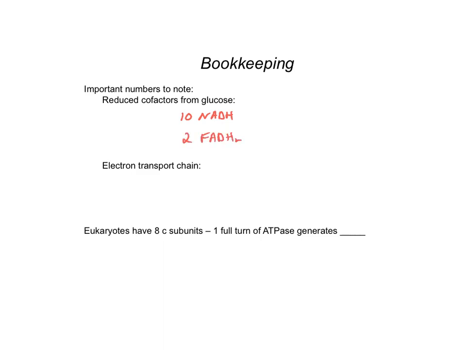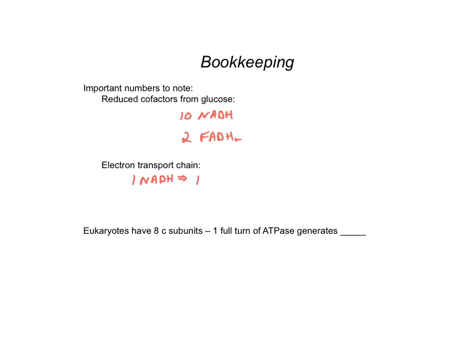So now we took all of these through the electron transport chain. For every 1 NADH, how many protons did we get overall? 10. 1 NADH got us 10 protons translocated. What about FADH2? We got 6 protons translocated.